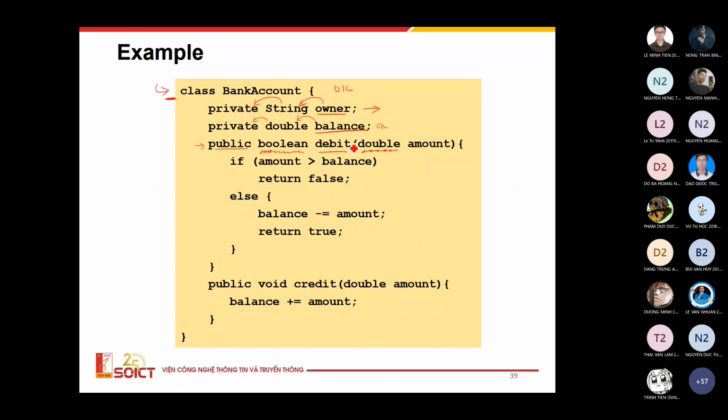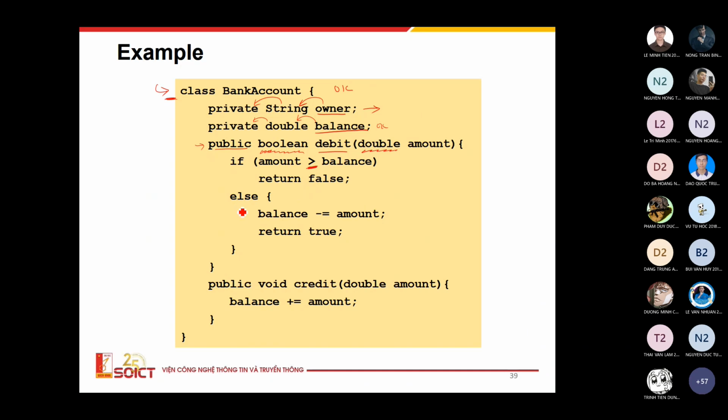Rồi, ok. Thế nội dung của phương thức này sẽ thực hiện việc gì nào? Ta có if else là so sánh giữa amount tham số truyền vào với thuộc tính balance của account. Nếu amount lớn hơn balance thì trả về là false.